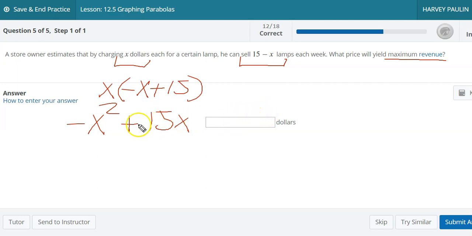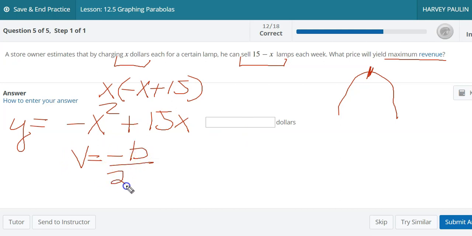Okay, so with this, can I find out? This is a parabola. Our A value is negative, so this is going to go up like so. We're looking for the maximum. So our vertex formula is V equals negative B over 2A, and that's going to be a negative 15.